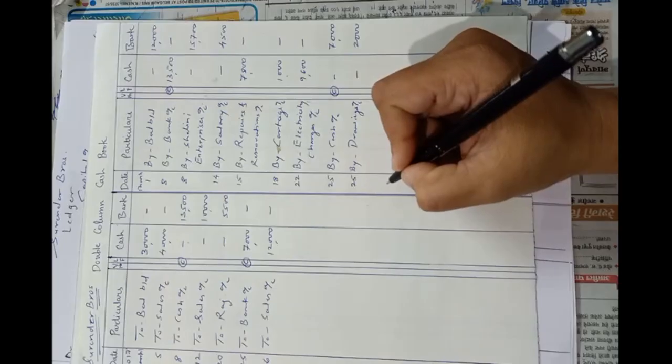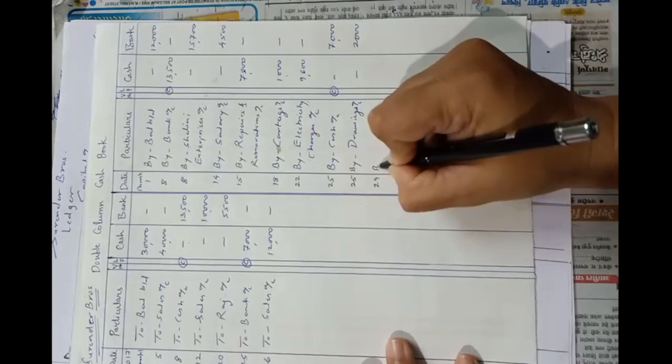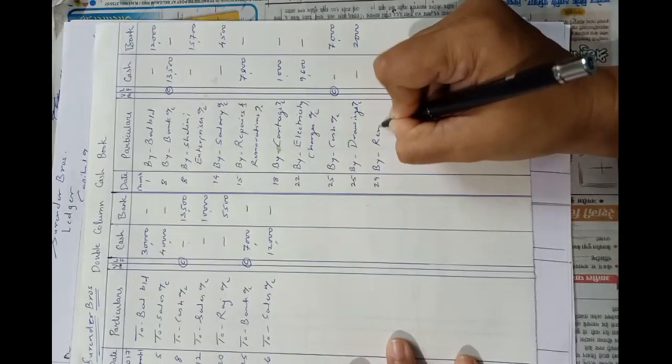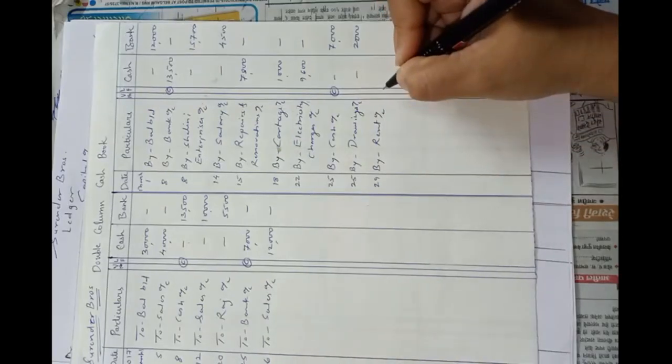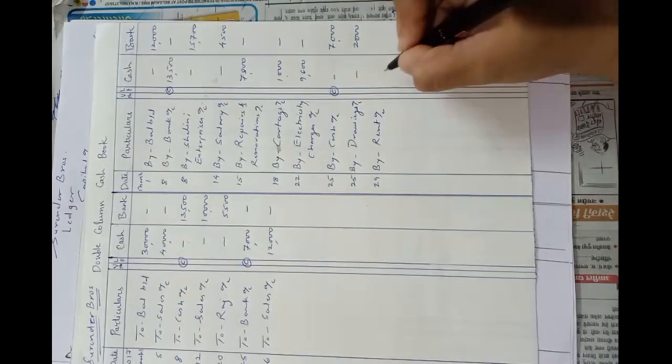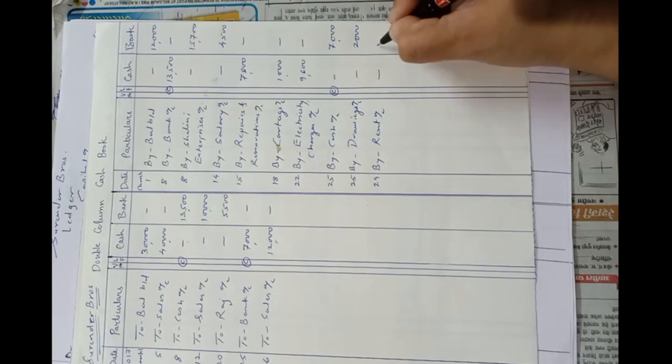Okay, now see the entry, next entry of 29th, paid rent by check, again in the cash book. On 29th, by rent account, the amount is paid by check, so the amount will be in the bank column, 2500.